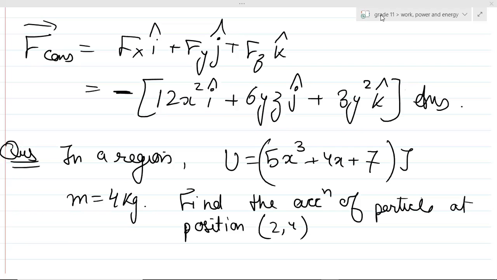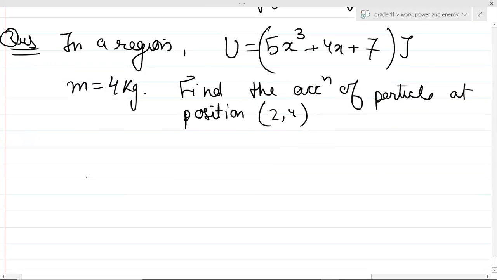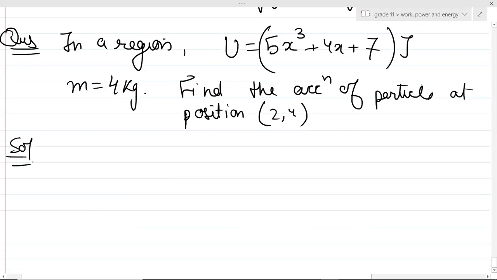Yes, guys. So can you see over here, the potential energy is given as a function of only x, right? So what will be the force? If I want just the magnitude, what will be the magnitude of the force? It will be dU by dx, and this will be equal to what?